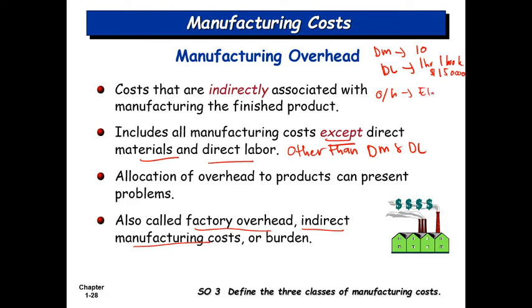It can be electricity, utilities, salary of everyone other than direct labor, plant and equipment and so on.